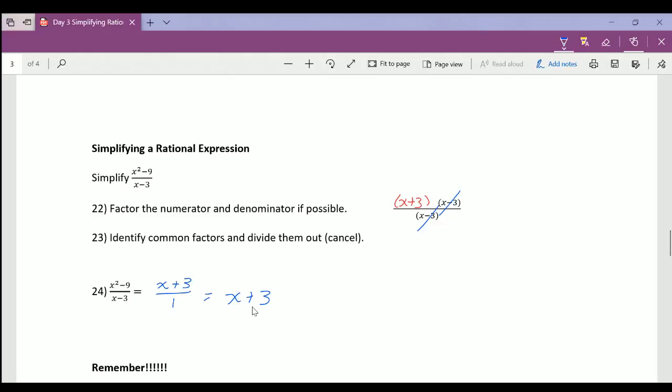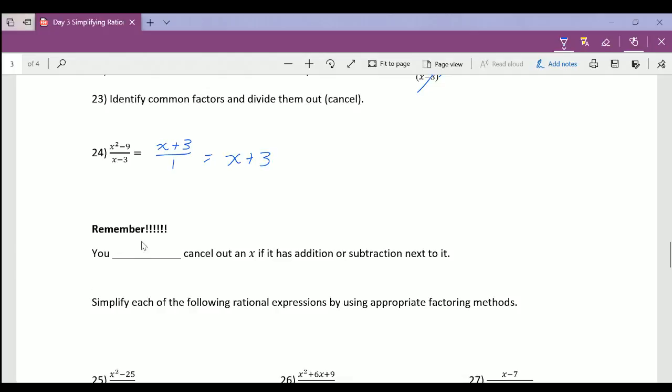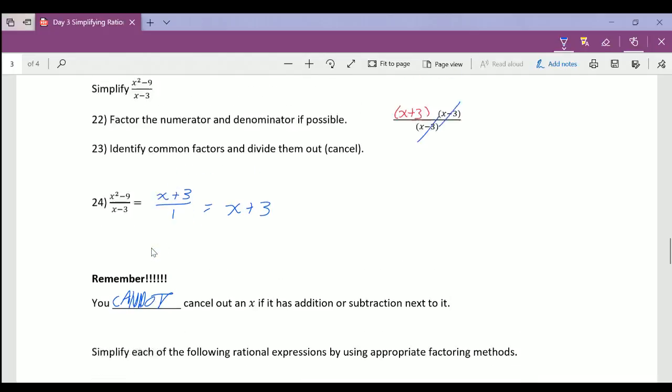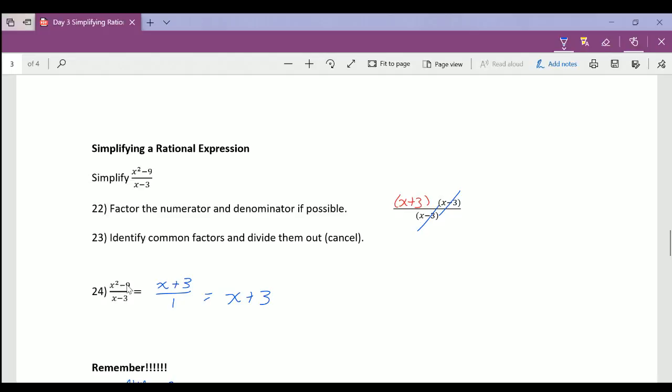Now remember, I have a whole lot of exclamation points here. You cannot cancel out an x if it has addition or subtraction next to it. If you have addition or subtraction there, the whole thing is a package deal. Like here we've got a 9 and a 3.